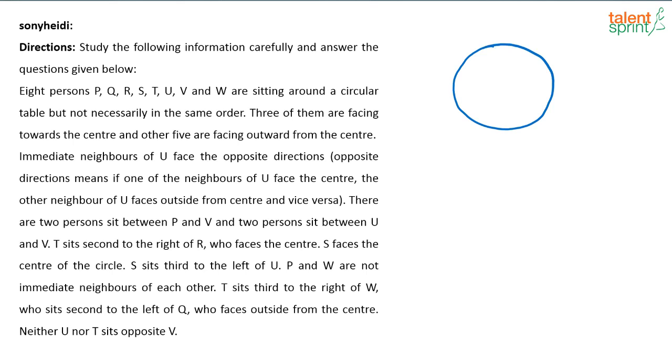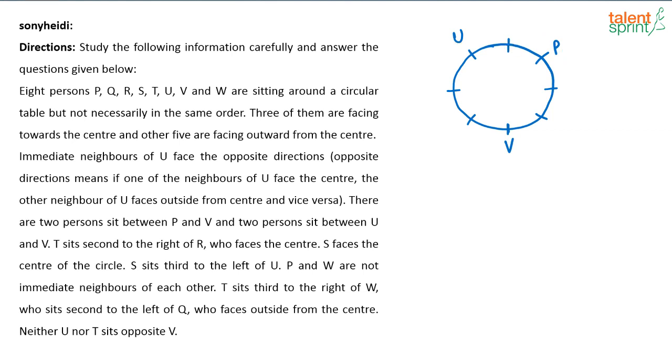So there are 8 people sitting around a circular table, and it is given there are 2 people who sit between P and V and 2 people who sit between U and V. So if I take this to be V, 8 people are there, right? 2 people sit between U and V. Similarly, 2 people sit between P and V. But this can be U, this can be P, or vice versa, right?